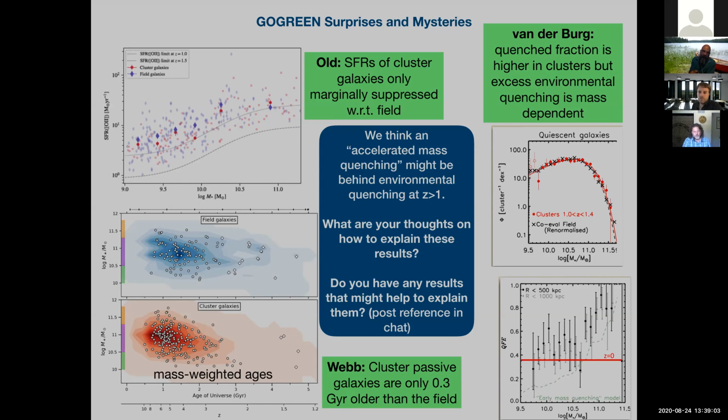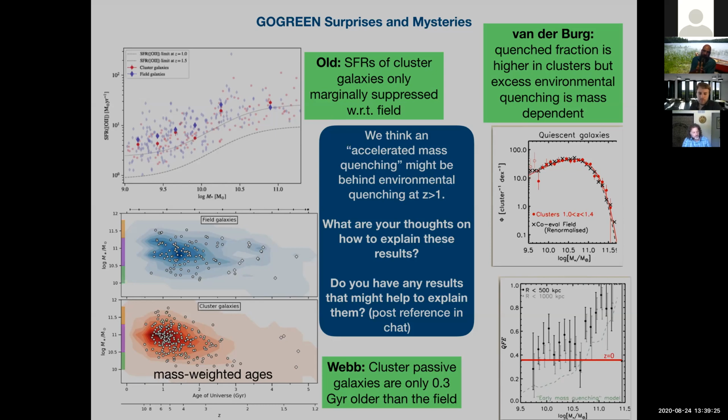Christie did show that if we try to come up with a single delayed formation time or accelerated formation time that both reproduces the high quenched fraction that Remco sees and the small age difference that Christie sees, we can't find a simple model to do that.